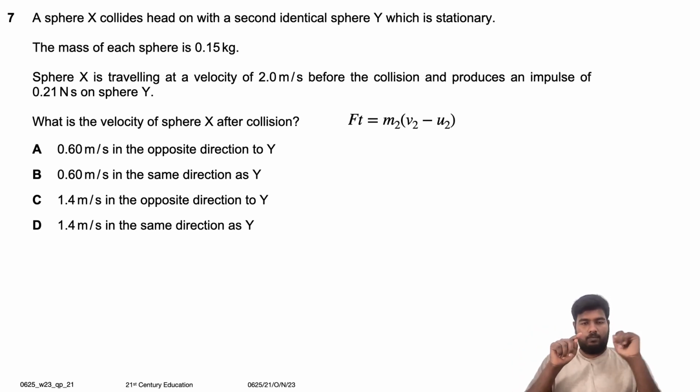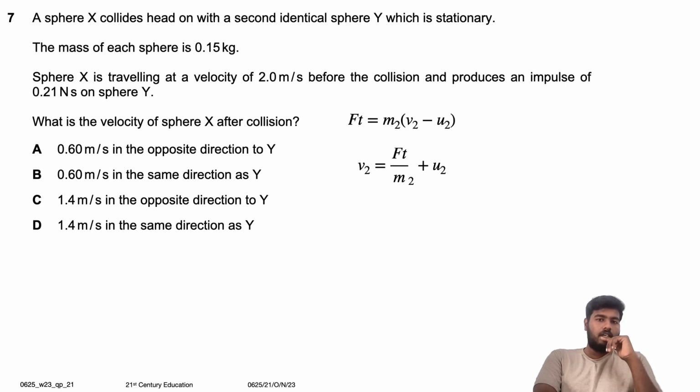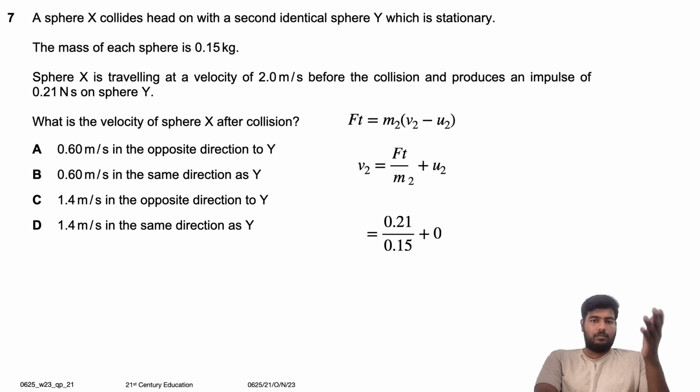So m2 multiplied by (v2 minus u2), where v2 is the final velocity of object Y. Rearranging for v2: v2 equals Ft divided by m2, plus u2. Force times time is the impulse, 0.21, and mass is 0.15, plus the initial velocity of Y, which is 0. This gives us 1.4 meters per second. So now we have the final velocity of the second object.